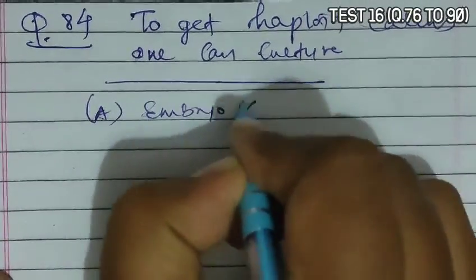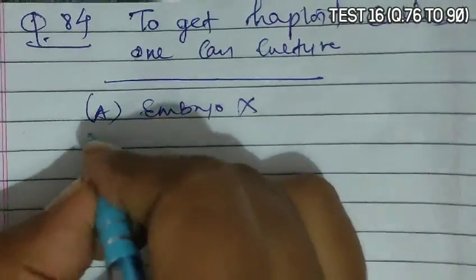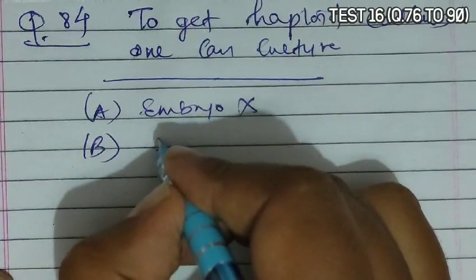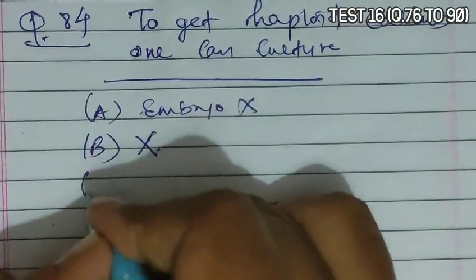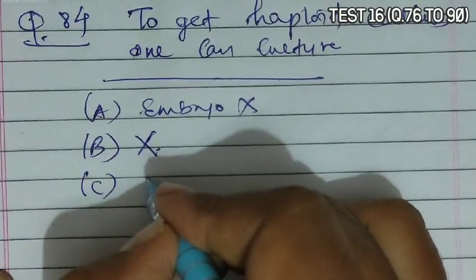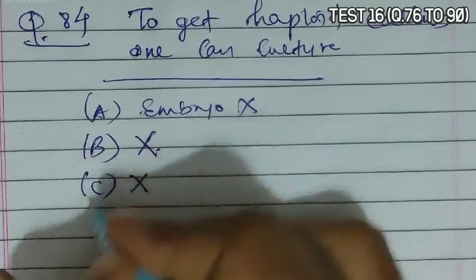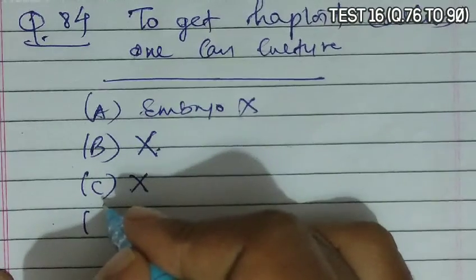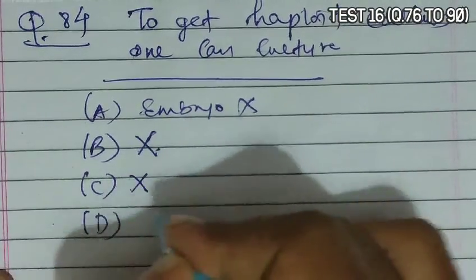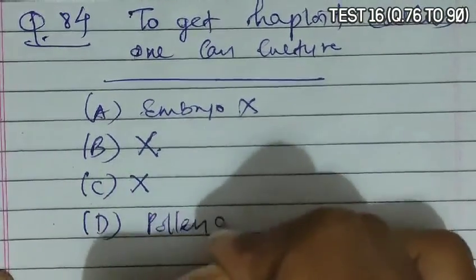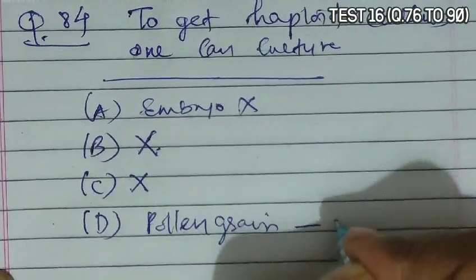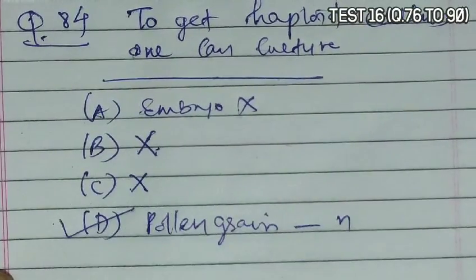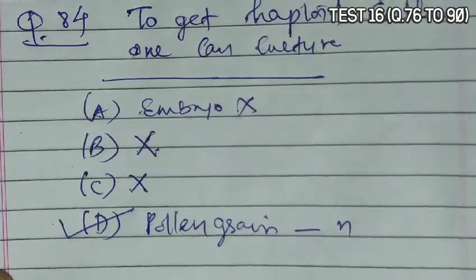Now embryo is diploid, so it cannot give rise to the haploid culture. Option B is leaf tissue, that is also diploid, so it cannot give rise to the haploid culture. C is stigma. Stigma is a part of carpel and carpel is also diploid, so it cannot give rise to the haploid culture. Whereas D is pollen grain, and pollen grains are haploid, so they can give rise to the haploid culture.